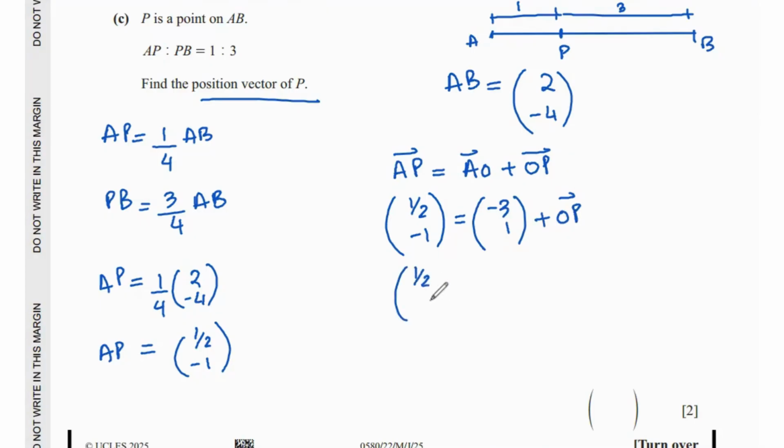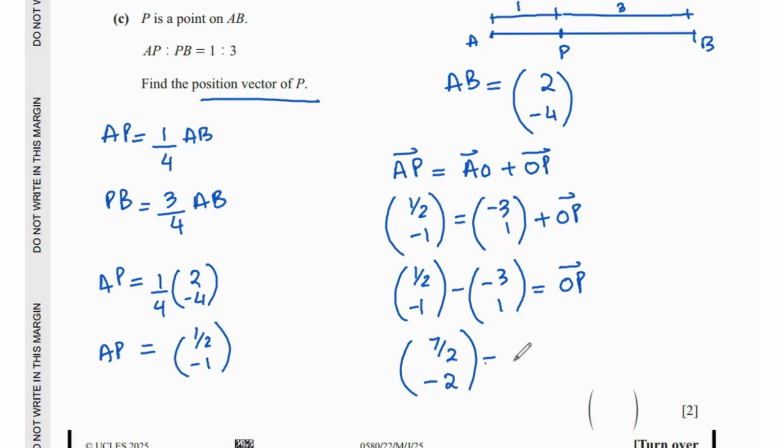So 1/2, -1 minus -3, 1 equals OP. 1/2 plus 3 is going to be 7/2. And -1 minus 1 is going to be -2. So the coordinates of OP are 7/2, -2, or you can even write it as 3.5 and -2. This is the position vector of OP.